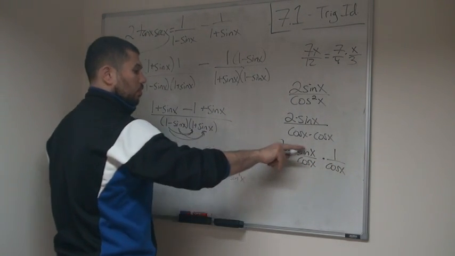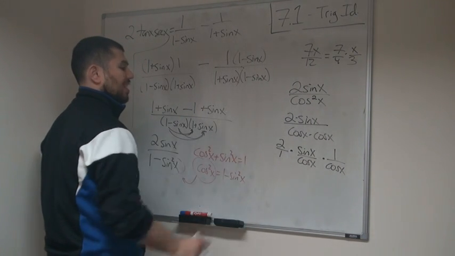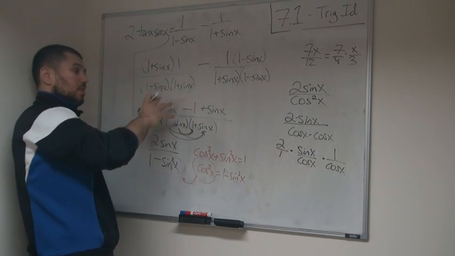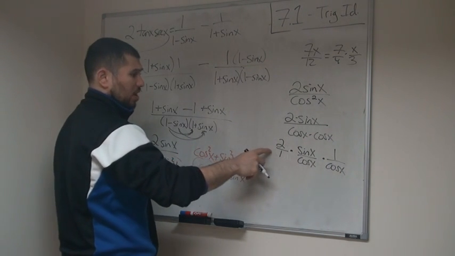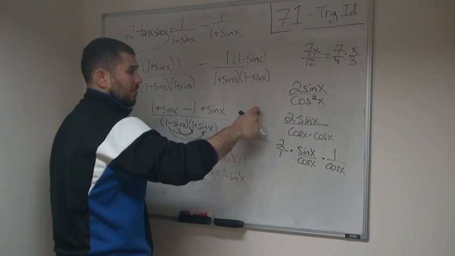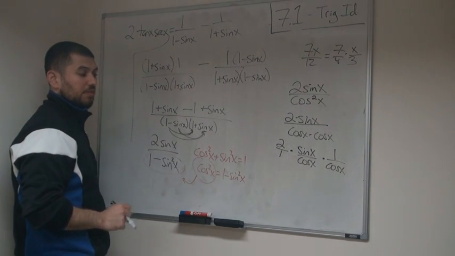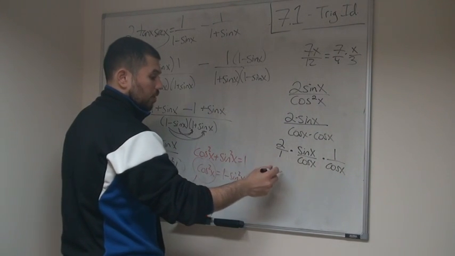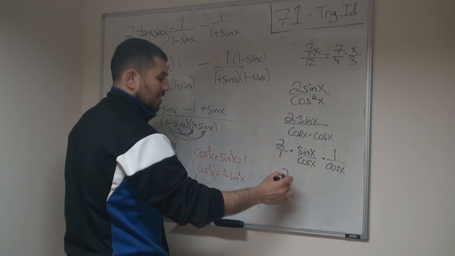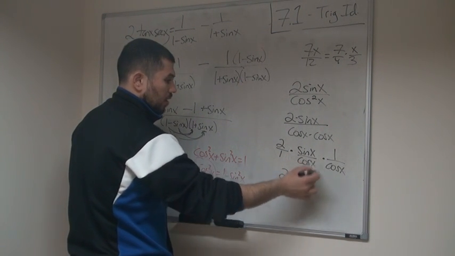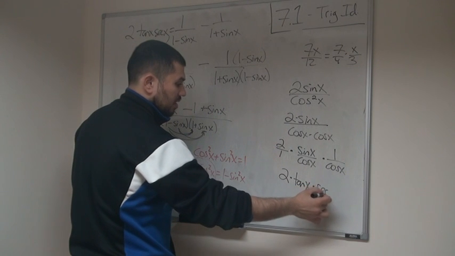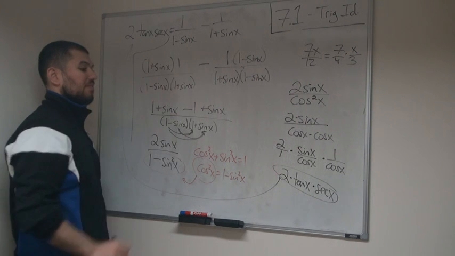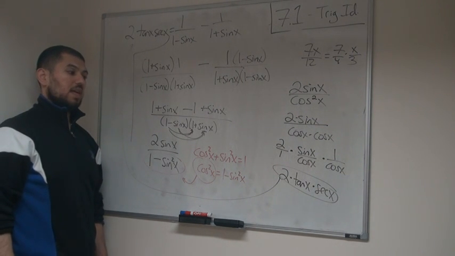Because again, if I were to multiply across, I'd get back to the line above it. And that's the point here. I'm only working down one side of an equal sign. If I wanted to work my way back, I should tie to every line prior, if I ever had to work backwards. And I see that 2 over 1 is 2, sine over cosine is tangent, and 1 over cosine is secant. So I now equal the left-hand side of the equation, 2 tan x secant x.